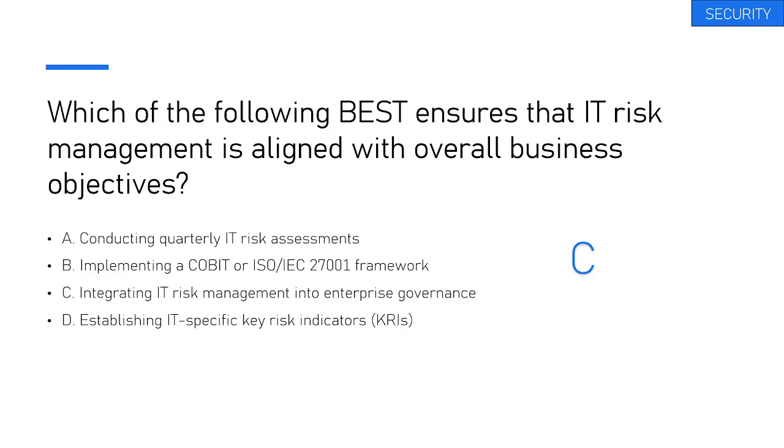And we picked up C, integrating IT risk management into enterprise governance. That's going to help us out. It's about connecting the IT risk decisions with business strategy or the enterprise strategy and their priority.